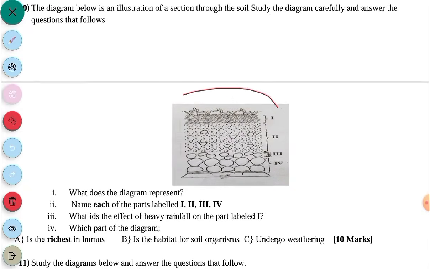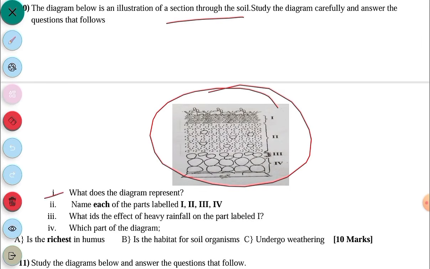The diagram below, which is this, is an illustration of a section through the soil. Study the diagram carefully and answer the questions that follow. So I, we ask, what does the diagram represent? It represents the soil profile. So we are asked to label from I to IV. So I is the topsoil, II is the subsoil, III is the parent material or weathered rock, and then IV is the bedrock.